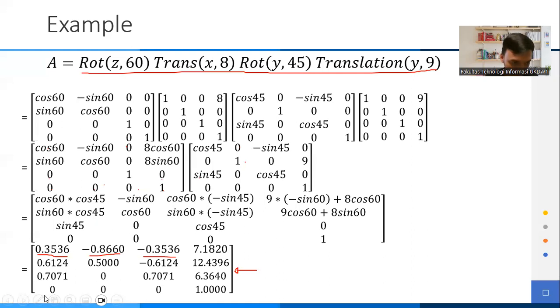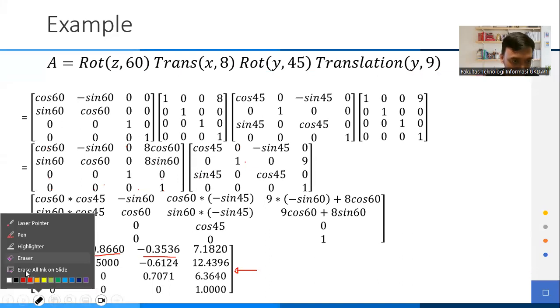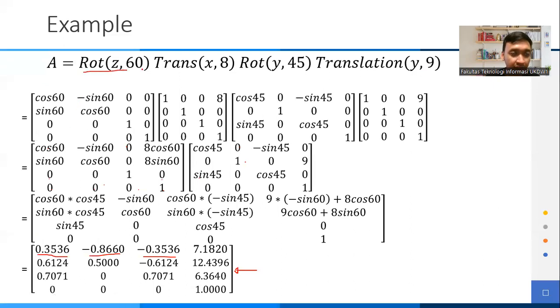For the MATLAB program, I will create variables. For the rotation Z 60, I create the variable A. For this A, I create a result.